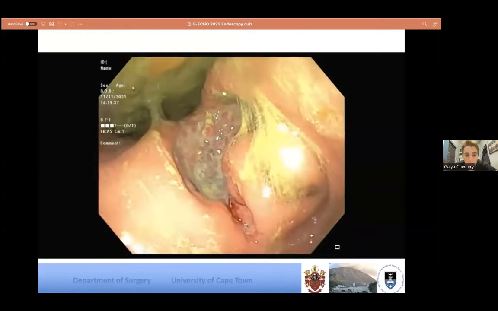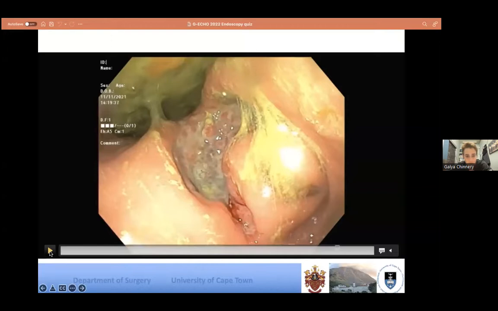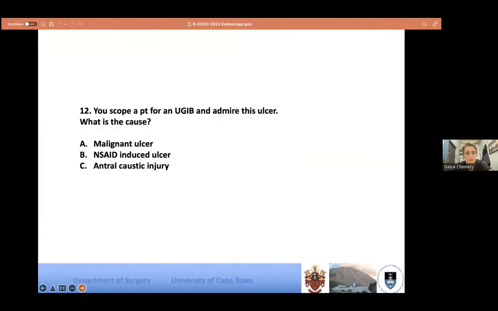Okay, so ugly ulcer, quite large on the intersural distal antrum kind of surface. What do you think? Is it malignant? Is it an enzyme-induced ulcer? Or is it an antral caustic injury? Okay, let's see the answers.